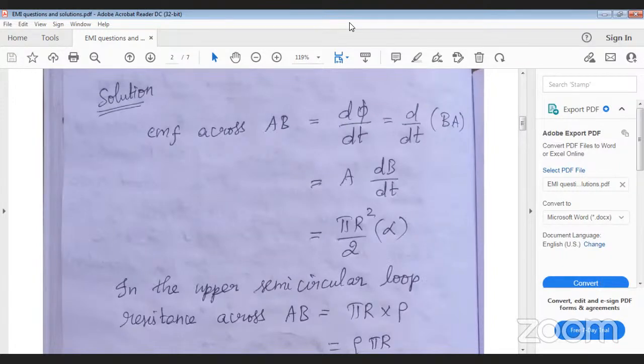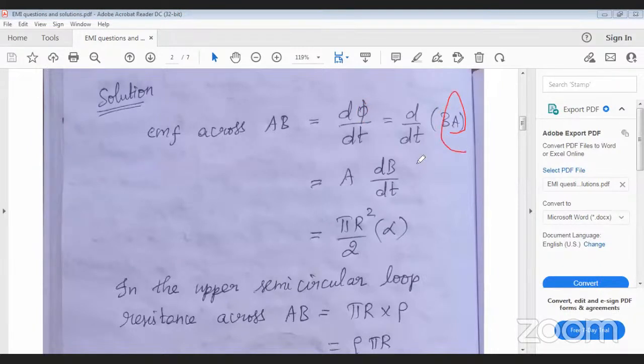As you can see from the PDF file, EMF across AB equal to d phi by dt. d by dt of, instead of phi, you substitute B into A, magnetic induction into area.